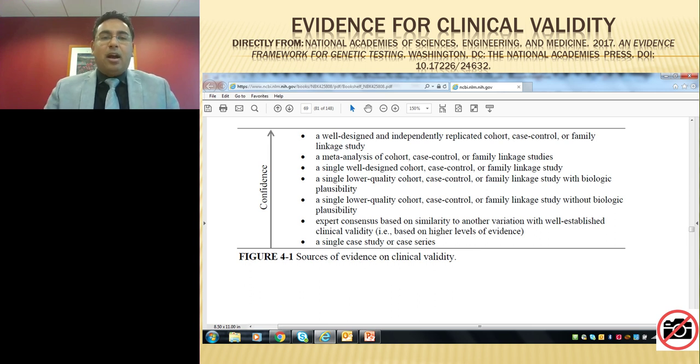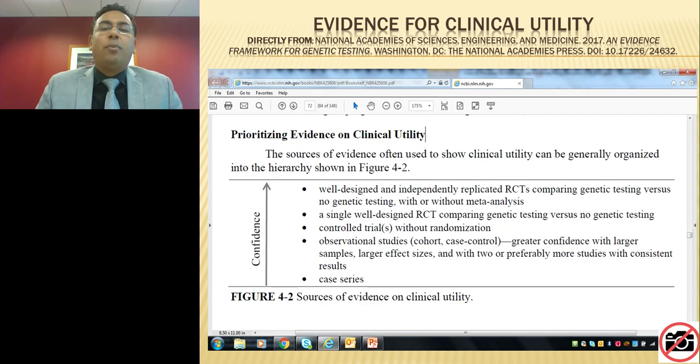And then our friend, clinical utility. I don't have time today to talk about direct versus indirect evidence that can establish clinical utility, so I'm going to focus on direct evidence. Obviously the best way currently to establish clinical utility would be well-designed and independently replicated RCTs, randomized controlled trials.